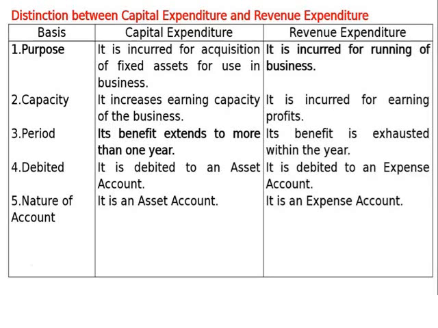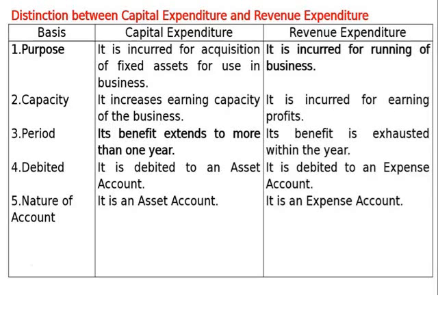Where it is debited: capital expenditure is debited to an asset account, whereas revenue expenditure is debited to an expense account. We all know that we buy an asset for increasing the capacity of the business. Expenses are incurred to earn profit.